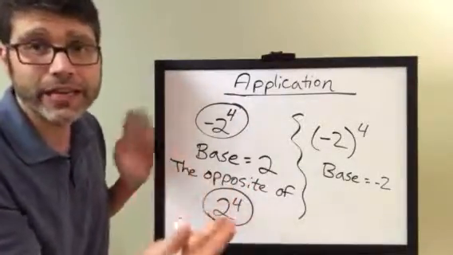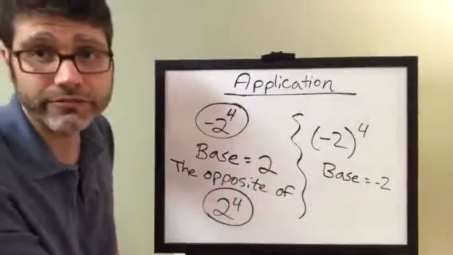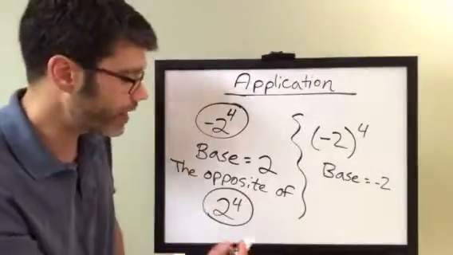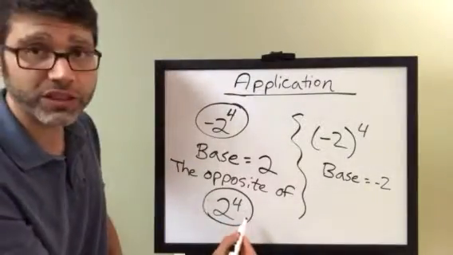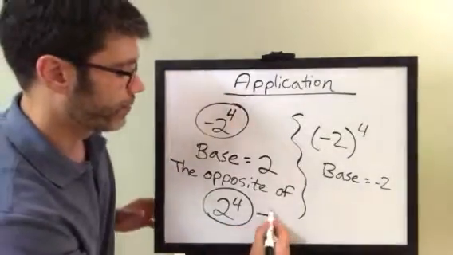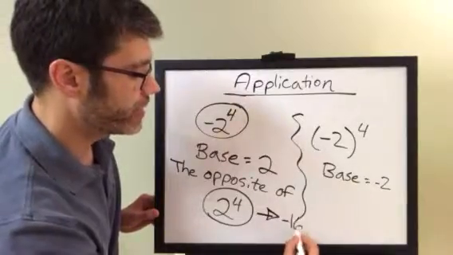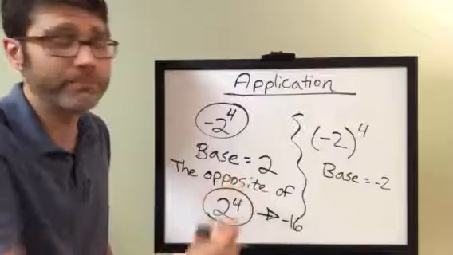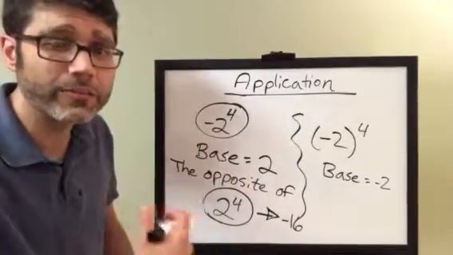And the opposite is the additive inverse, okay? So if you get a positive 16, it would be a negative 16. So the opposite of 2 to the 4th is negative 16, okay?